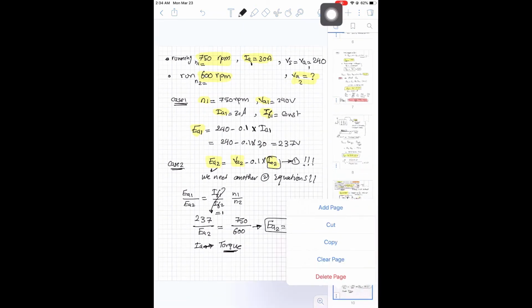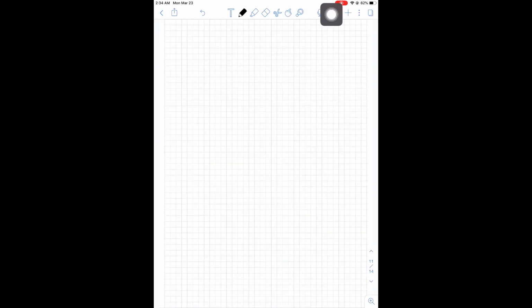So how are we going to write down an equation for the torque? We know that T developed equals K motor IF IA. If we write the equation for T developed case 1, which will be K motor IF1 IA1, and the equation T developed 2, which equals K motor IF2 IA2, and we divide the two equations, we will get rid of K motor.